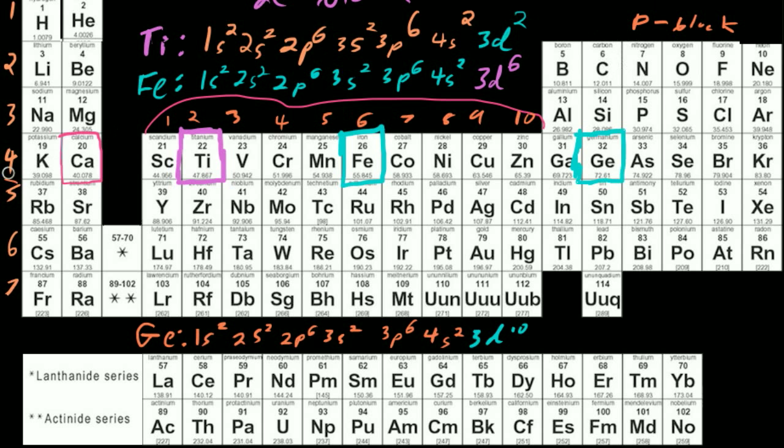So we're back on period 4, and we're in the column where our last entry is going to be whatever period we're on. So we're on the 4th period, and then p2, right? So our last entry is going to be 4p2.